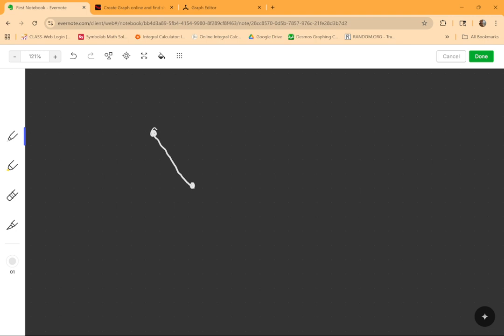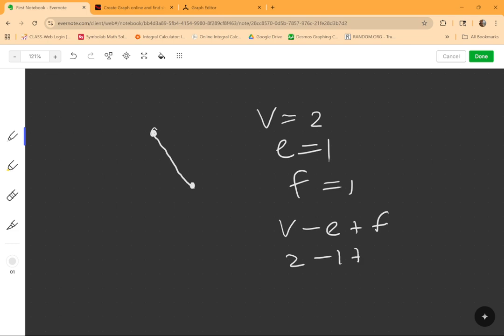Two vertices, one edge. So here V is equal to 2, E is equal to 1, and F is also 1. We only have that unbounded face. So in this case, V minus E plus F is equal to 2 minus 1 plus 1, which is in fact 2.